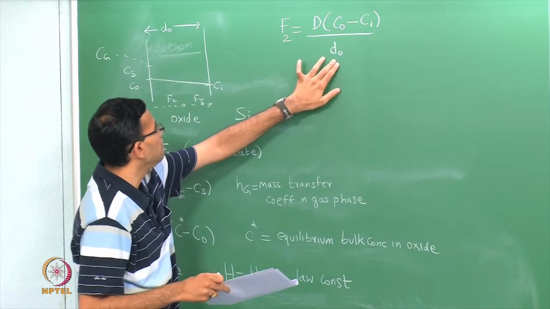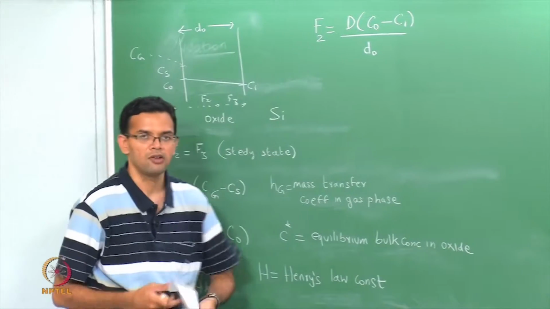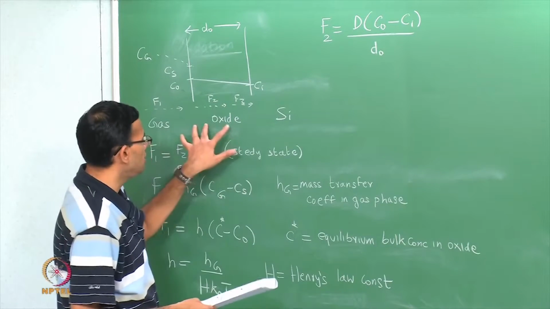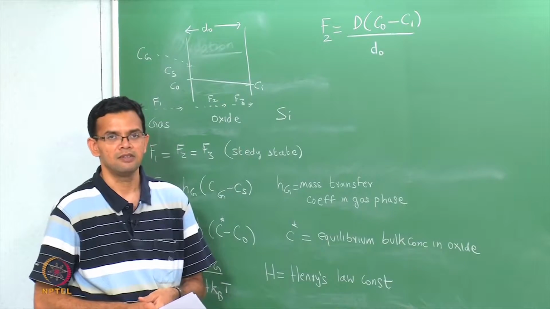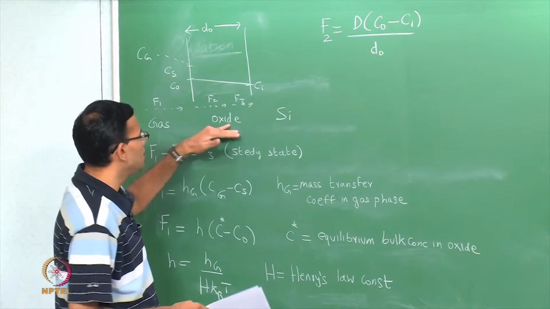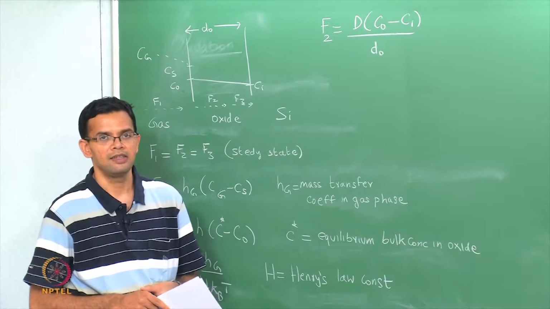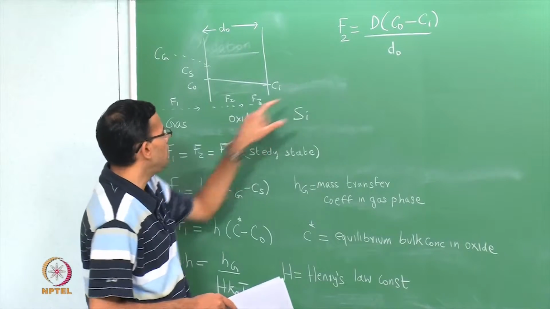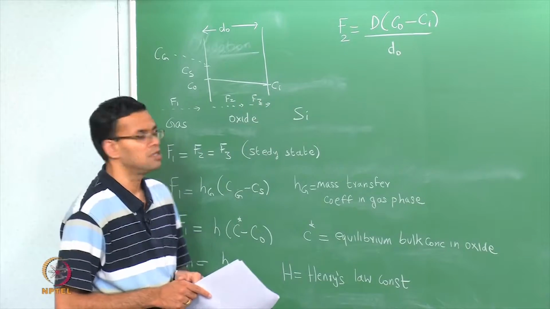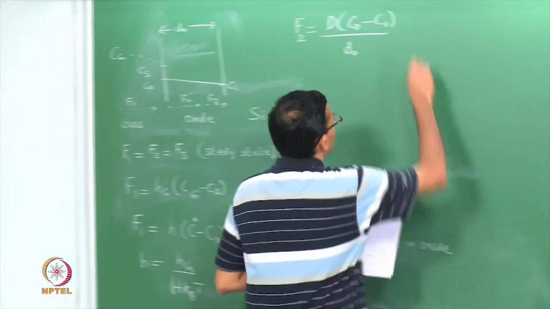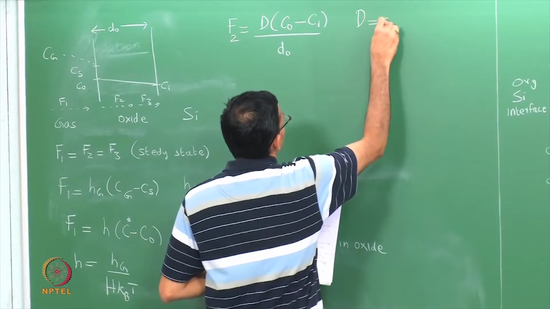So, d naught here is the thickness of the oxide layer, and as I mentioned earlier, you can either start with an oxide layer at the surface, or you look at the process at a specific time where you have a certain oxide layer that is grown. C naught and C I are the concentrations at the two interfaces. D, of course, is the diffusion coefficient.